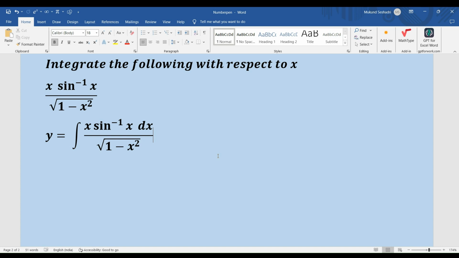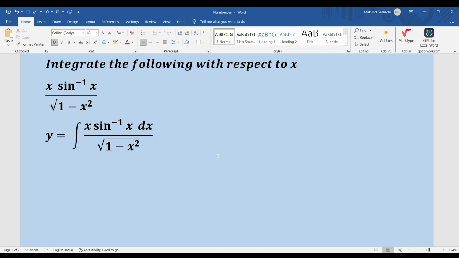I have an x, I have a sine inverse of x, and I have a dx by square root of 1 minus x square, right? I don't think I even have this in the regular integral of u dv format which we've been solving problems so far. But then can I simplify my y to bring it to that format?